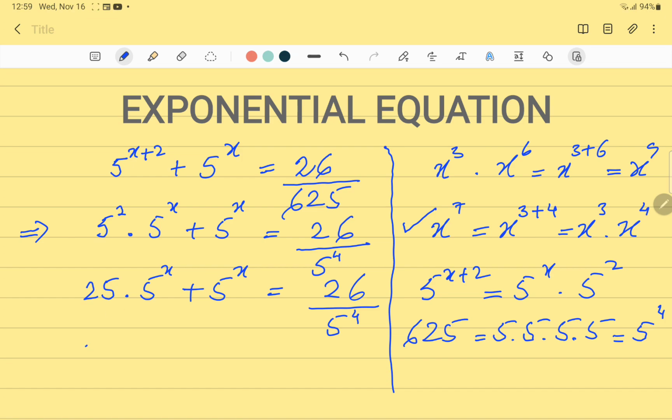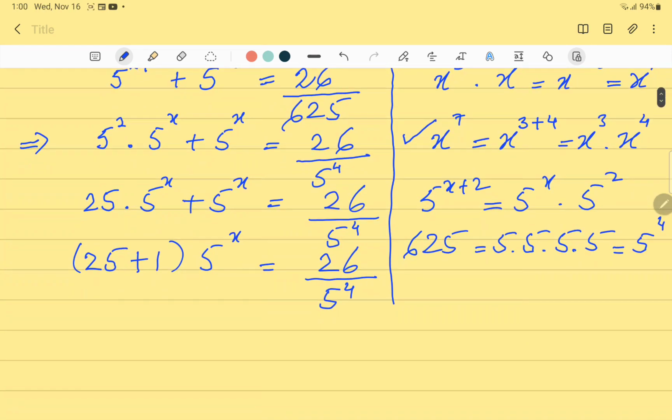So when we take it common, we can write 25 plus 1 into 5 raised to the power x. Okay, 25 plus 1 is 26 into 5 raised to the power x.